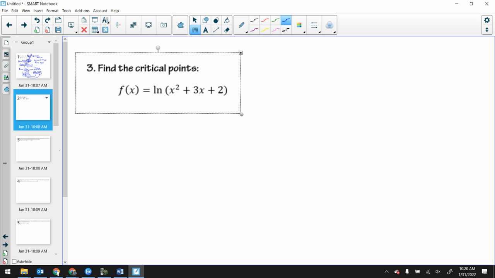Okay, so for this one, I've got to figure out where the derivative may not exist or where the zeros of the derivative may be.